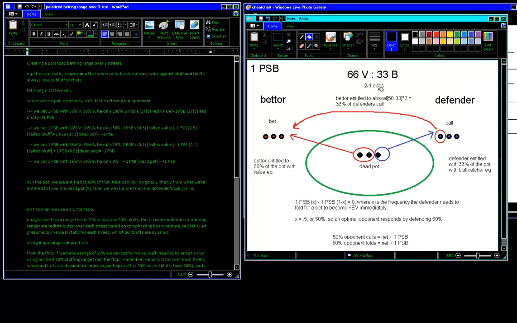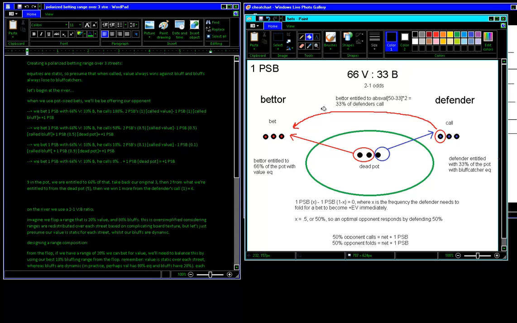So if we're giving him 2 to 1 and he needs to be good at least 33% of the time to break even, that means that we should probably be bluffing at that exact frequency, 33% equity, to give him incentive to call at the right frequencies, which wins us the effective pot at the optimal frequency.